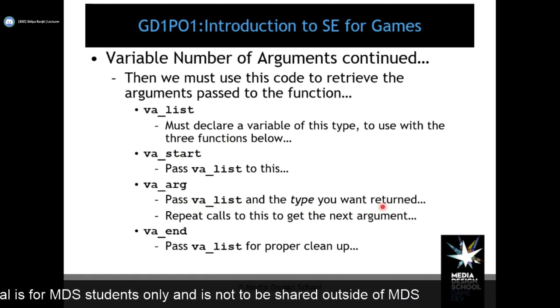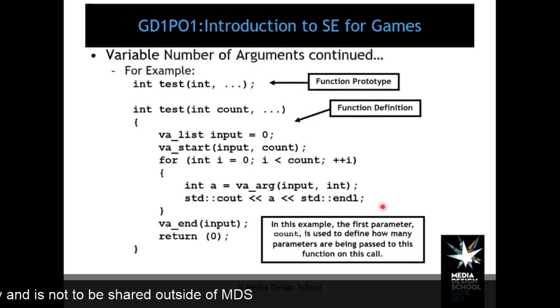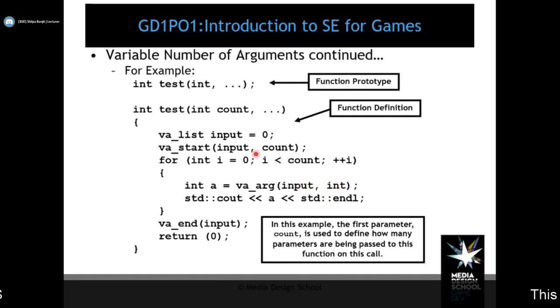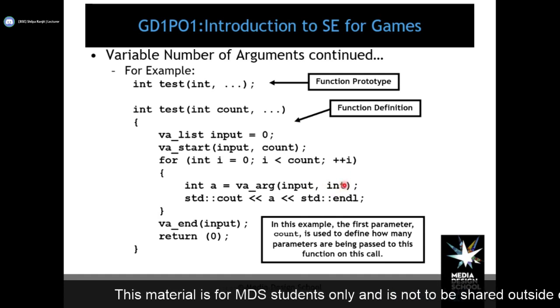If you keep going through this, it will go until the end of your list. So I want the type returned as integer. I want all the data that is inside the arguments that I've passed converted to an integer, and that's why I've given the second argument as an int.